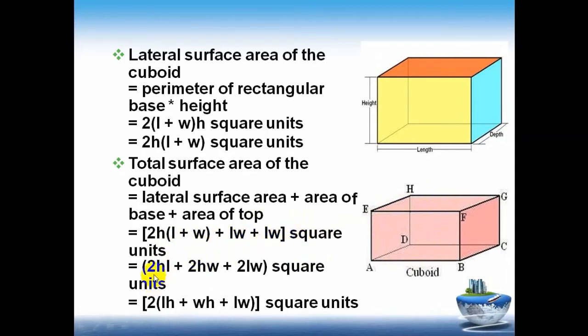We can write this as 2hl + 2hw + 2lw. Now taking 2 common: 2(lh + wh + lw) square units.